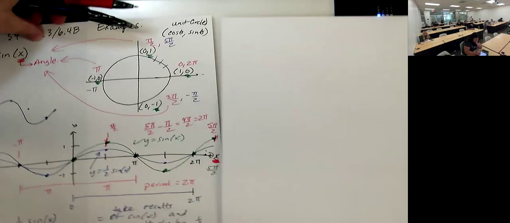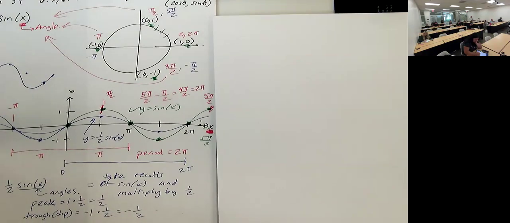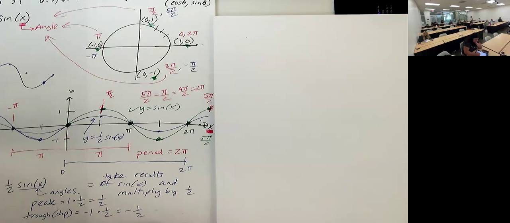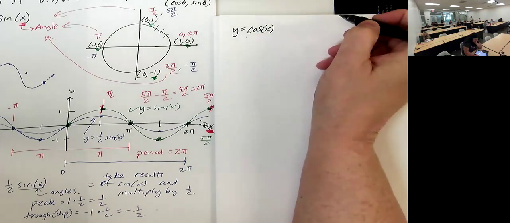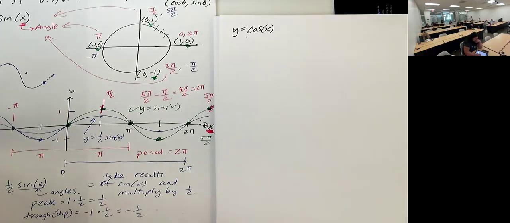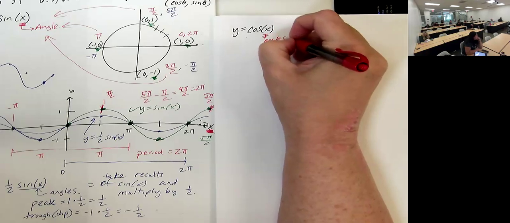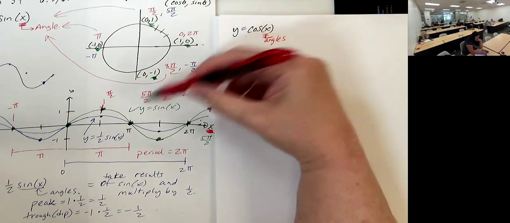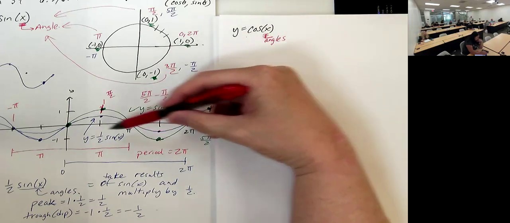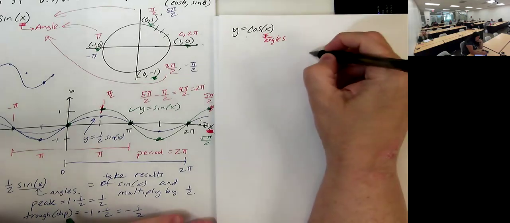And we're going to do the same thing with cosine x. Now we still have our x values as the angles. When we do our graph, our angles are still going to be along 0 to 2 pi.